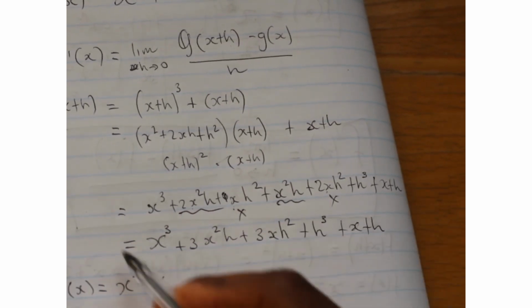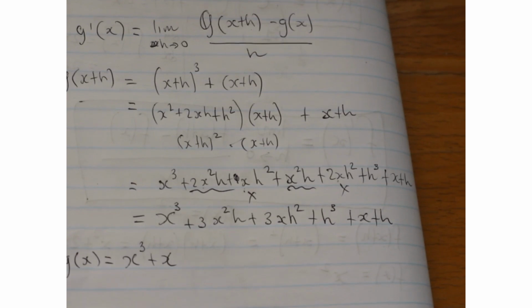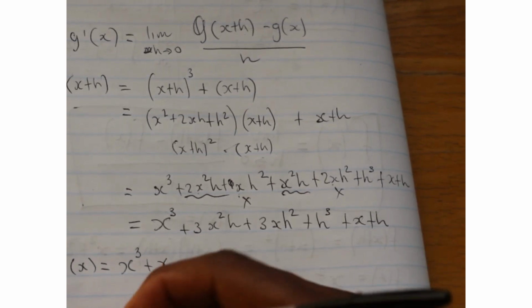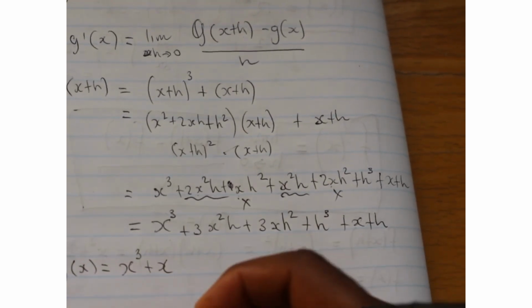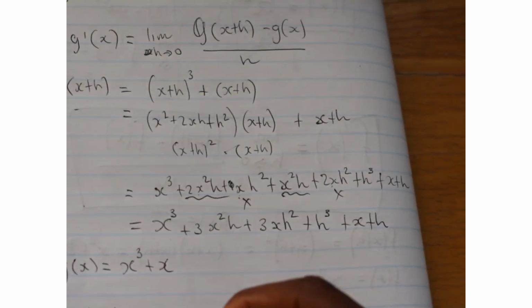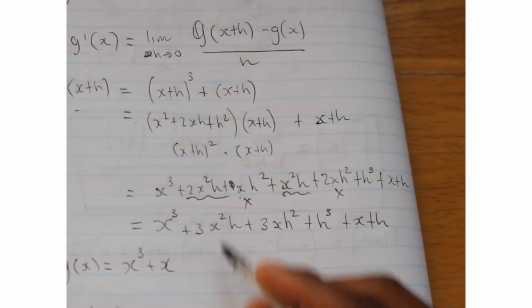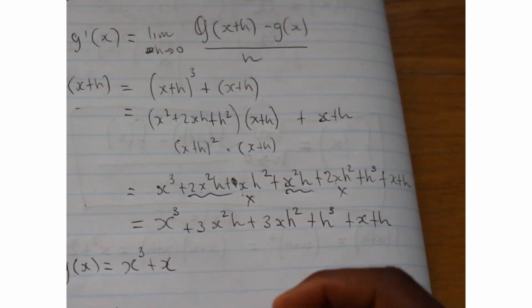This is literally the most difficult part, just simplifying after substituting your x plus h. So now to find our g prime of x, that's easy. We're just going to substitute whatever we have. So the limit when h approaches 0 of g of x plus h. So g of x plus h, we know it's this whole expression over there.